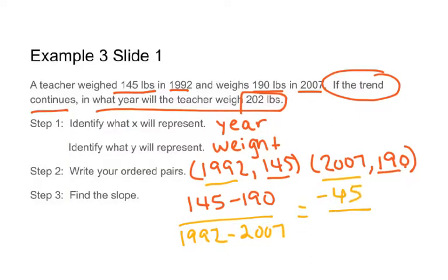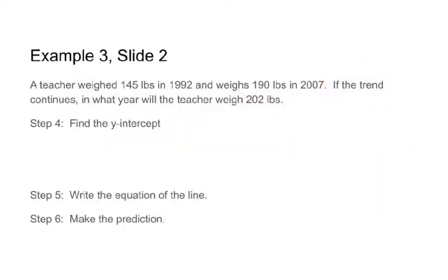And on bottom, it's going to be negative 15. So basically, this teacher is gaining 3 pounds a year. So again, it says if the trend continues. So what we're saying is if the teacher continues to gain weight at the same rate, what year will she weigh 202 pounds?